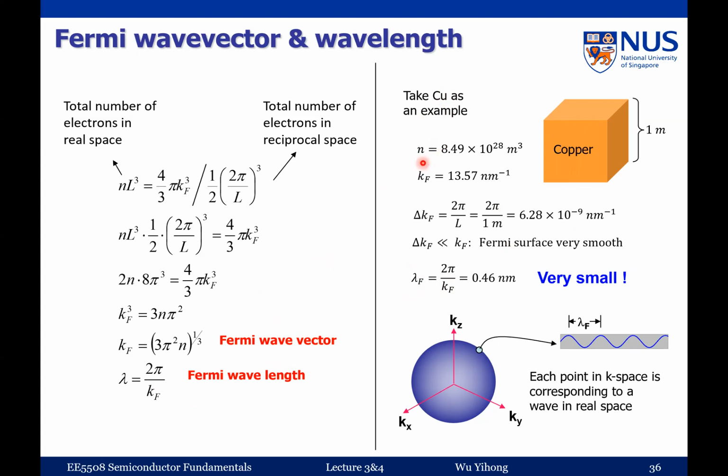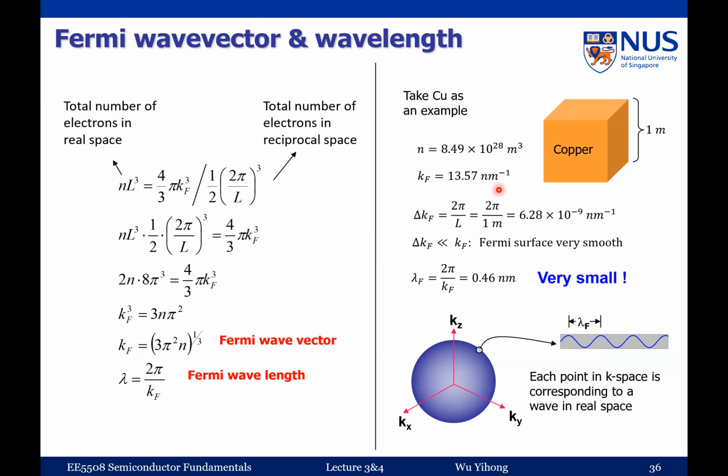Okay? So how to calculate for copper? We know the carrier density, the electron density of copper, is given by this one. You can find this in a textbook. And suppose we have a piece of copper in a cubic shape with a size of 1 meter. You can use 1 centimeter, 1 millimeter, or 1 micron, whatever, it doesn't matter. Then you substitute this here, you can get Kf, you can do it by yourself, it's given by this value.